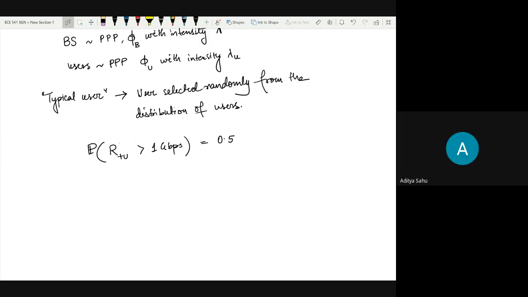Yeah. So what do we mean by ergodically? What do you mean by an ergodic process? Can anyone tell us? So the mean across all realizations is the same. Sorry? Mean across all realizations is the same.